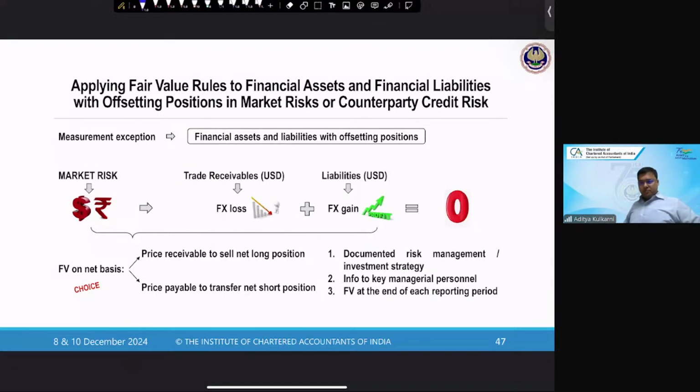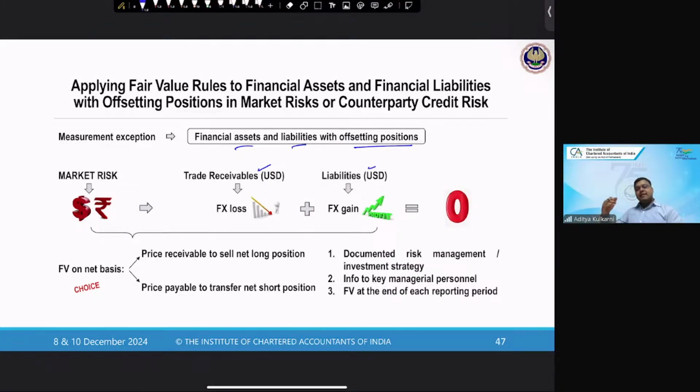Now, there are certain financial assets and liabilities with offsetting positions. Offsetting means a liability and an asset I can net off. So my question is, when I talk about market risk, I could be having trade receivables in US dollars. I could be having liabilities to be paid also in US dollars.